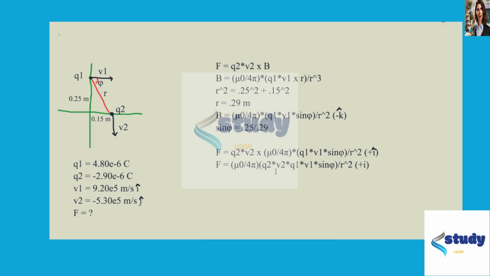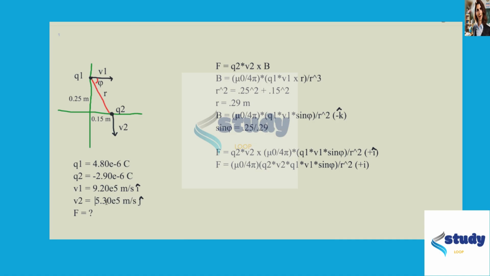one more note about the signs, the positive and negative signs. We've already taken care of the directions of V1 and V2 because we took those into consideration when we were doing the cross product. But we have not yet taken into consideration the sign of the two charges. So when we plug in V1 and V2, we want to use just the positive values.